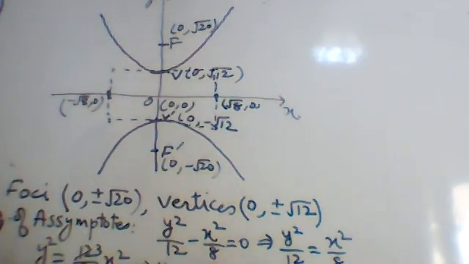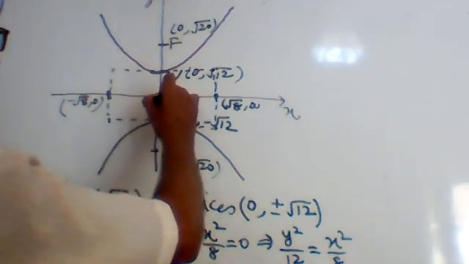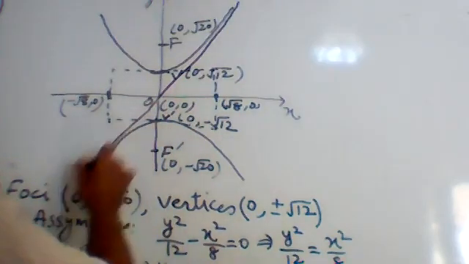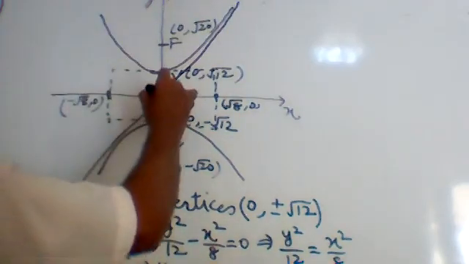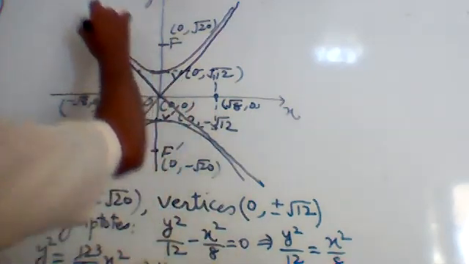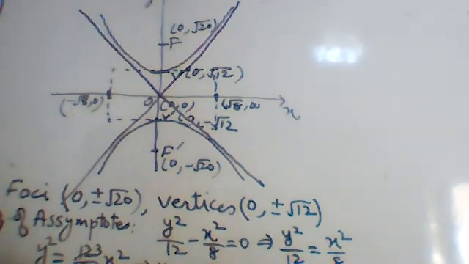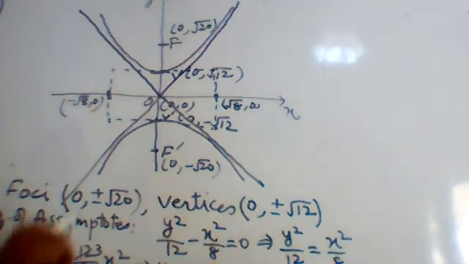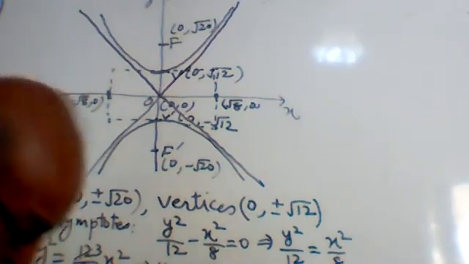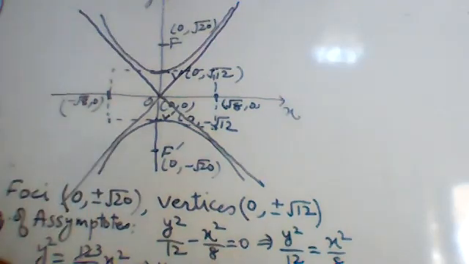And here will be the asymptotes. So that was question number 9.